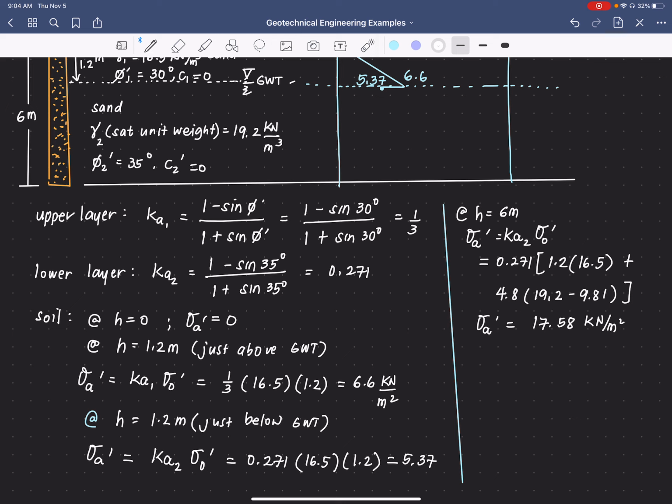So if we're going to plot that here in our pressure diagram, this is 6.6. Let me just place it here. And then, okay, sorry. Let us say this is our 17.58.